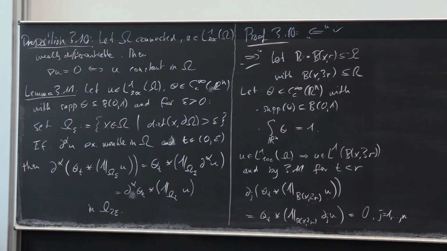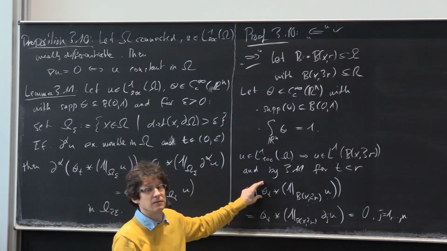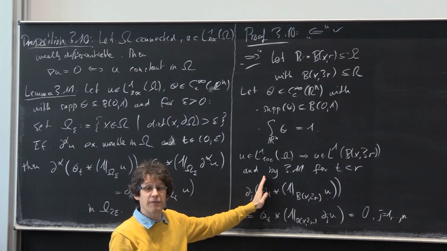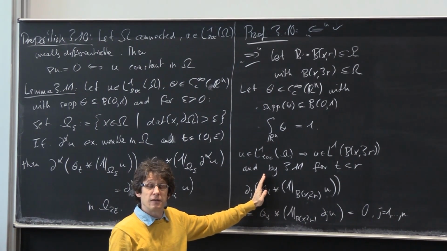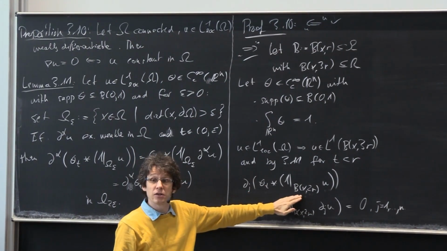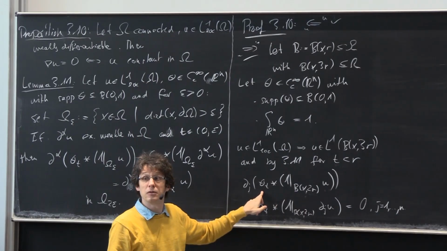And now one looks at this and thinks, what does this help? And the upshot is, this is a smooth function. If you have a convolution, well, this is a convolution with an L1 function. You have a convolution of a smooth function with an L1 function, so this is smooth.